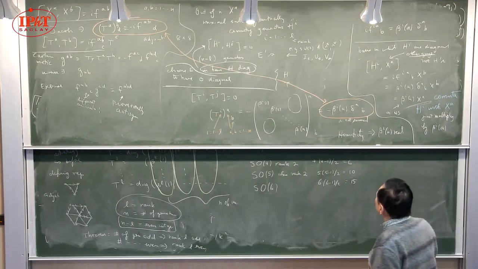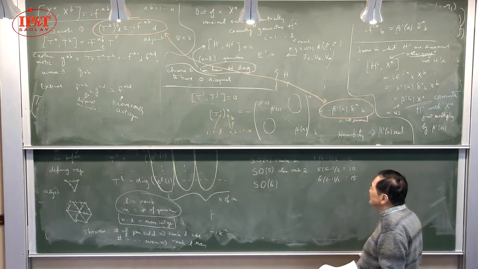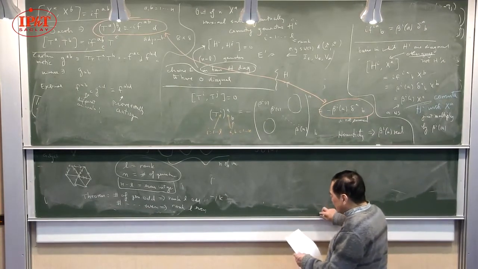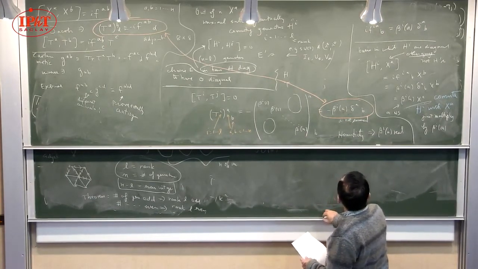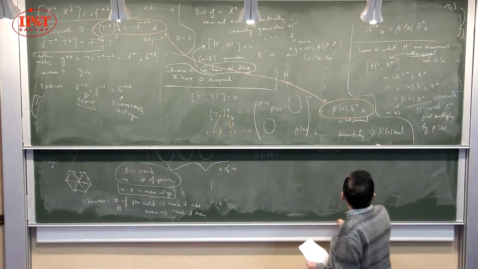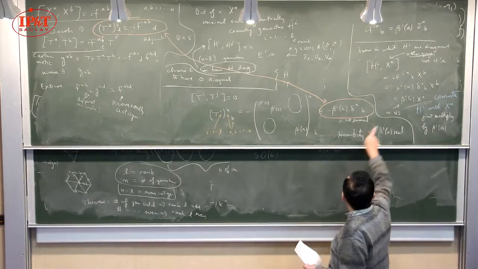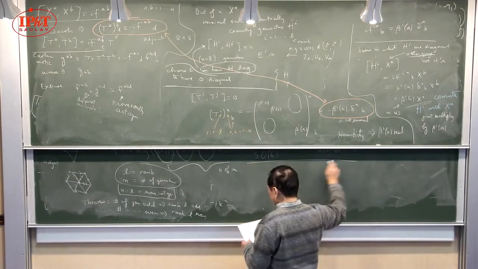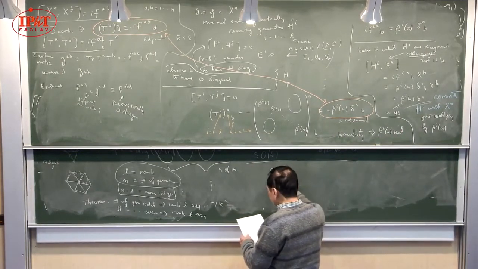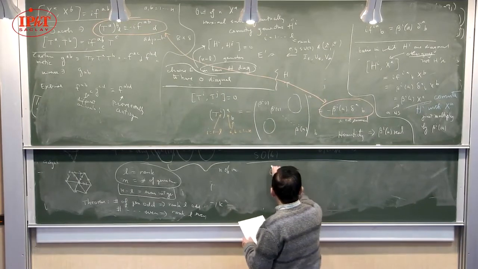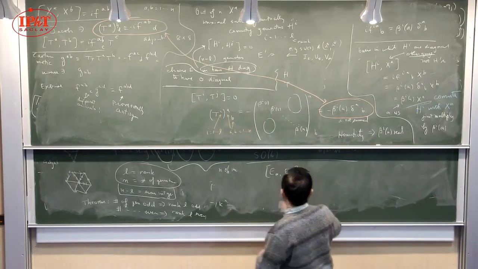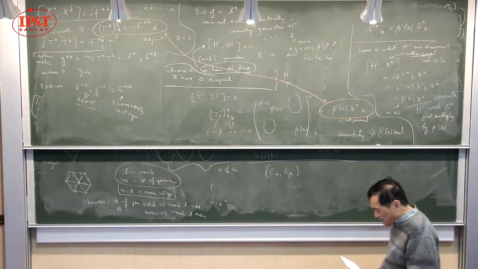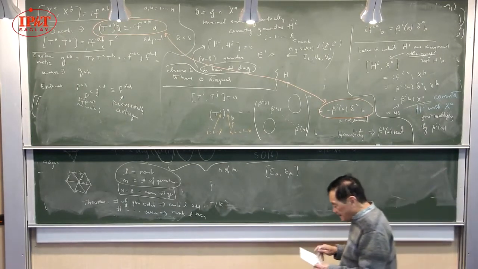Okay, so let me now raise this up. We have the commutator between H and H is 0. Between H and E it is given by something. So what about the commutator of E_alpha with E_beta? What is this equal to if we commute these two E's?